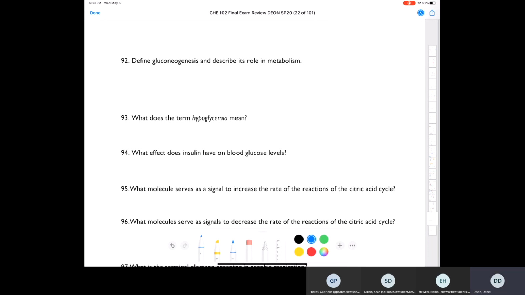Gluconeogenesis is just the genesis, or the making, or the synthesis of glucose from non-carbohydrate starting materials. Okay, so we could write that down.